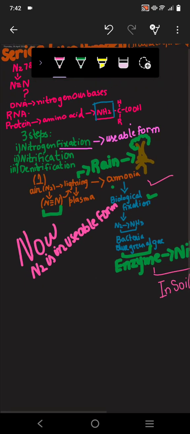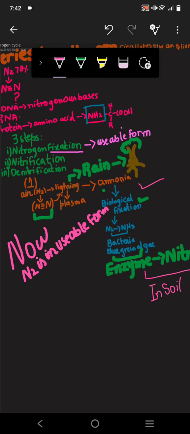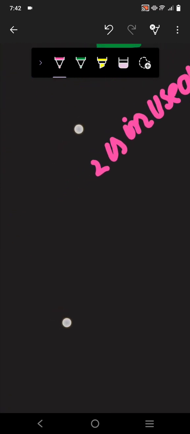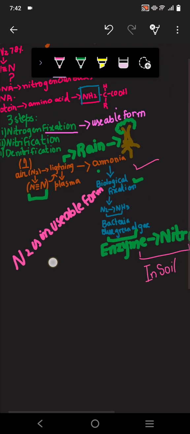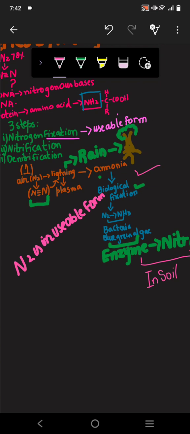So now the question arises how we can convert this ammonia. I hope this process till here is clear. Until here, this process is known as nitrogen fixation. As I told you, fixation means converting an element into its useful form. So till here the nitrogen is in the soil.